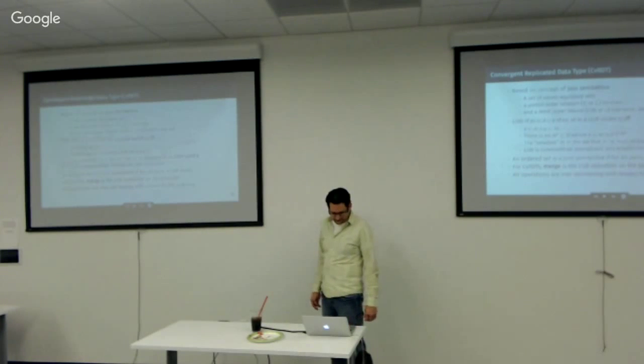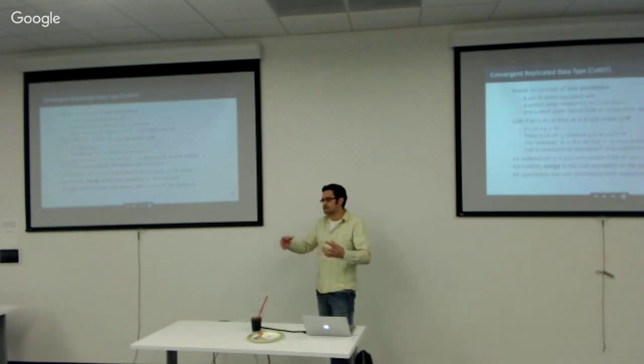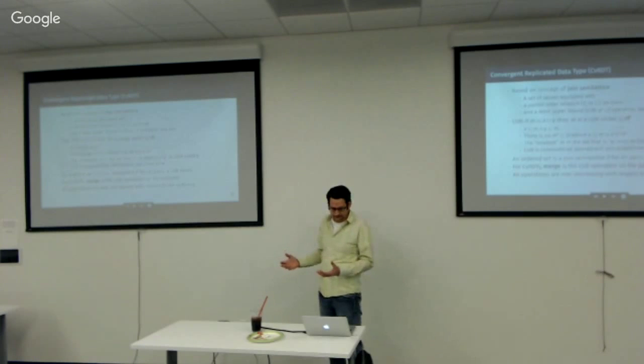Okay, so now we're going to get to the detailed description of exactly what these CRDTs are. So again, CvRDTs are based on the concept of a join semilattice. And what a semilattice is, so you have a set of values, say a set of integers, or just a set of some fixed values that you care about.